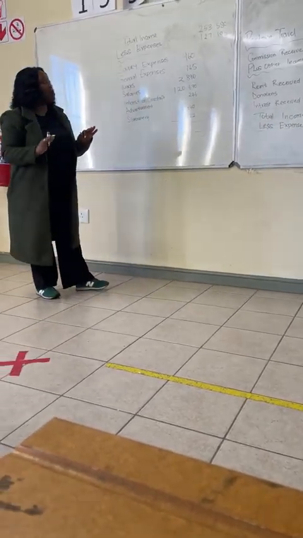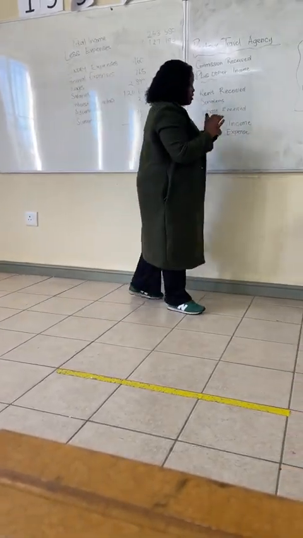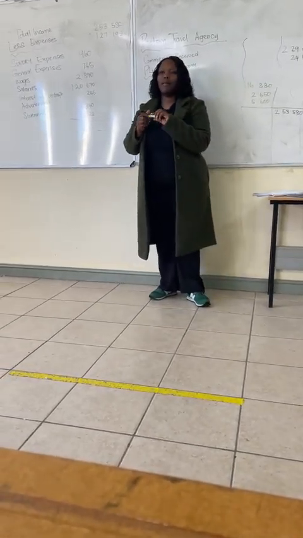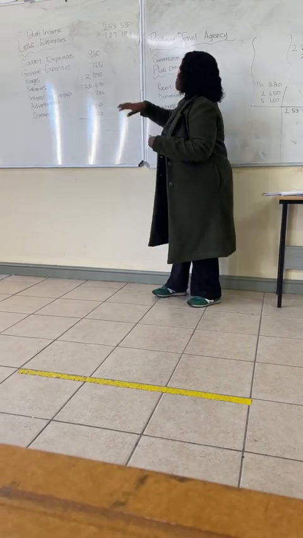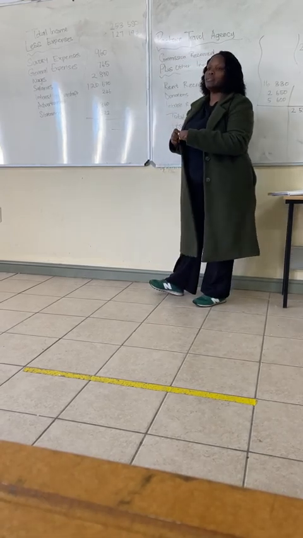Then we've got our income, we've got our expenses. How do we get to the total at the bottom? What do we need to do? Income? Okay. Then you take your 253, you minus the 127.